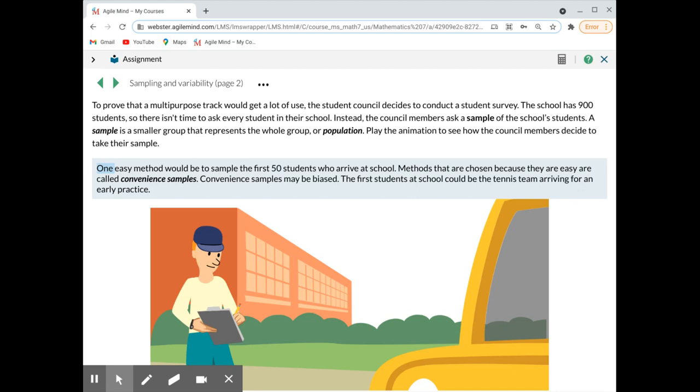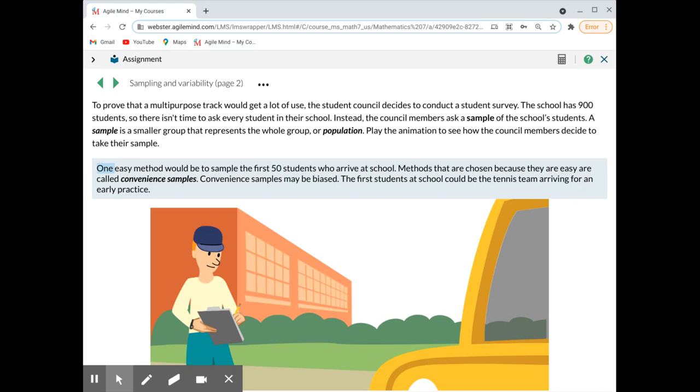So would that be a good sample to get? Yes. You think so? You don't think it would be a little biased towards just the tennis players, since the tennis team gets there early? Yeah, it would, wouldn't it?